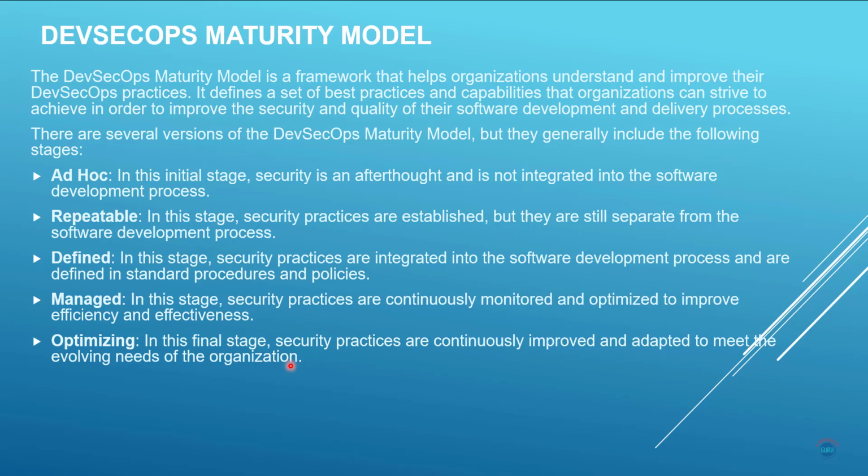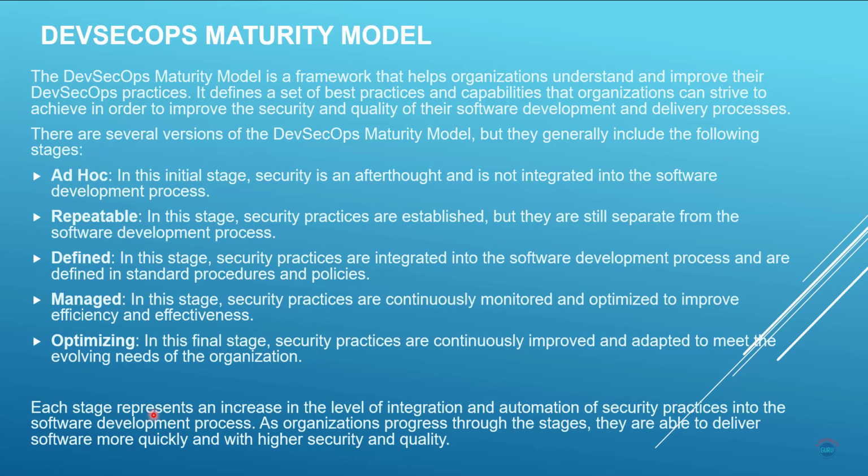There is a security champion who is continuously introducing automation, introducing better security processes that will define your optimizing stage of DevSecOps maturity model. Now, each stage represents an increase in the level of integration and automation of security practices. As I mentioned, as we move from one stage to the next stage, it means that we are improving the integration of security practices and we are introducing some kind of automation within these processes.